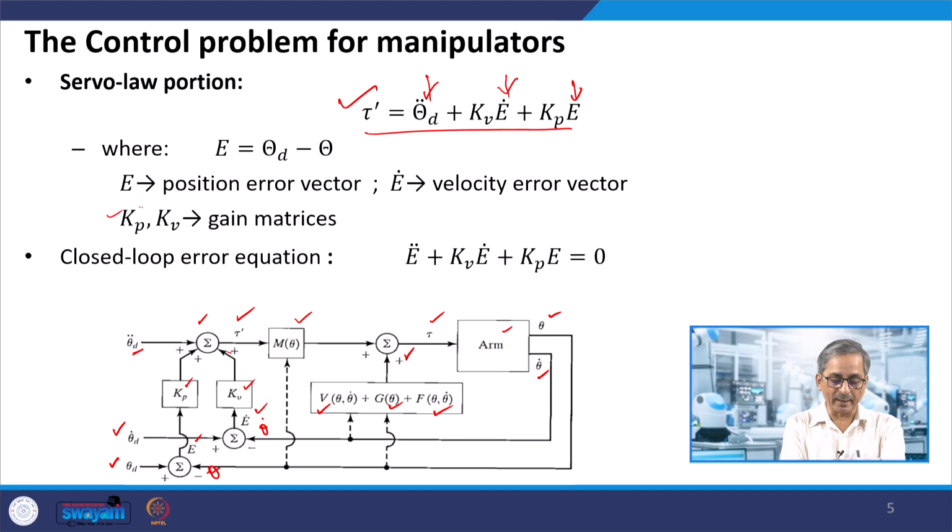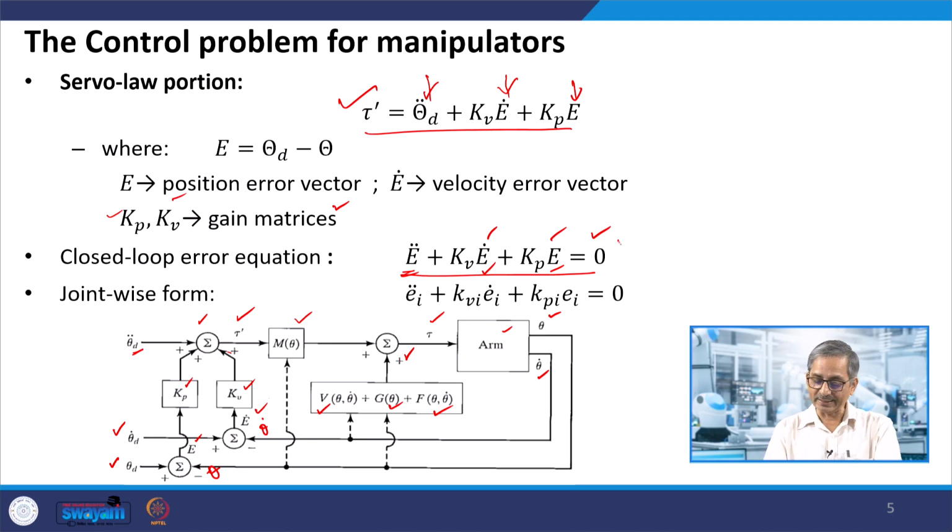Kp and Kv are the gain matrices in this case. The final closed loop error equation looks like this: you have the double derivative of the error, the derivative of the error, and the error vector. This is for multiple joints, and if I am talking about a single joint, then I can write the expression for the ith joint like this.